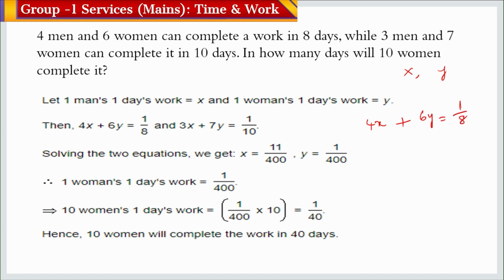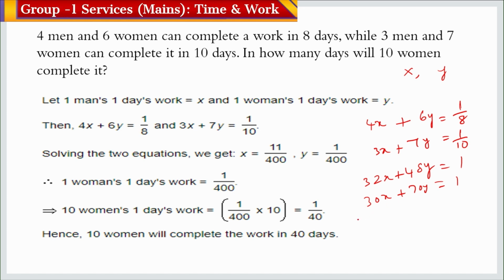Similarly, 3 men 3x, 7 women 7y, equal to 1/10, since 10 days. So you have to simplify this. 4x plus 6y equals 1/8. Multiply the whole with 8, so 32x plus 48y is equal to 1, and 30x plus 70y is equal to 1.